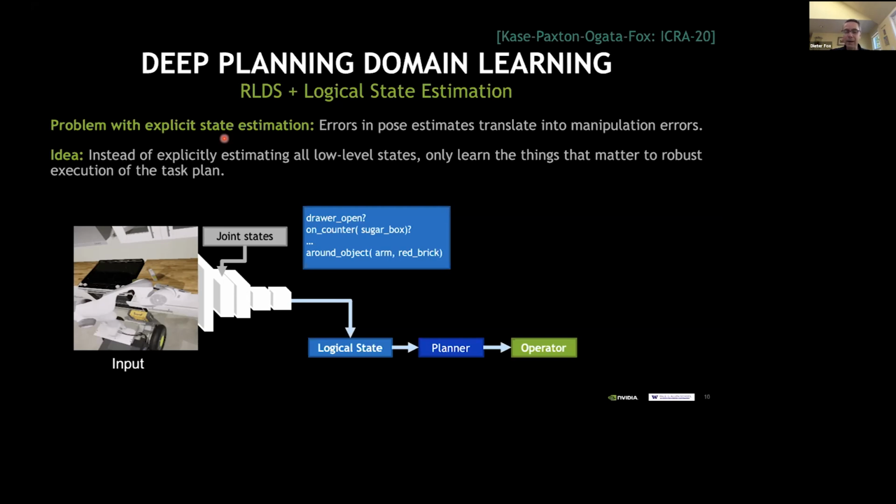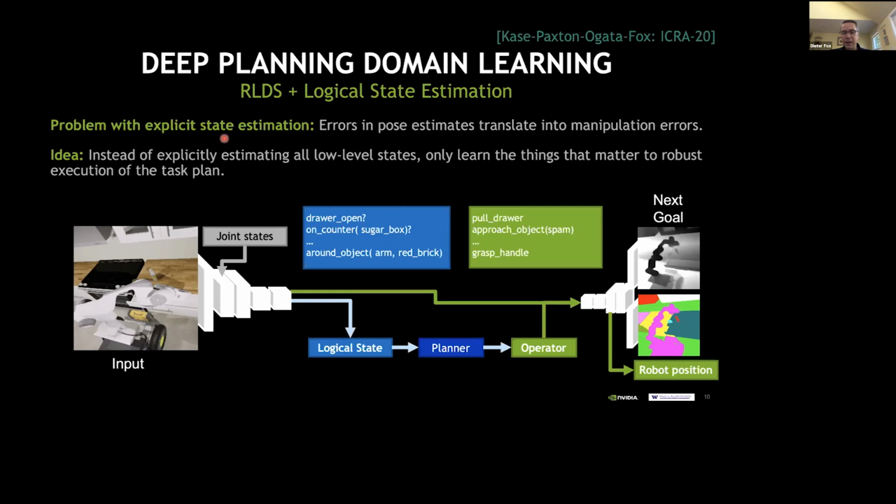that can then decide what should be the next operator or action that the robot should execute. And then another network is trained, and these operators could be things like pull the drawer or approach a certain object. Once this operator is determined, the network is trained based on the current visual input to generate an intermediate position for the gripper that it should reach in order to execute that. So for example, to put the gripper on top of the object or things like that.